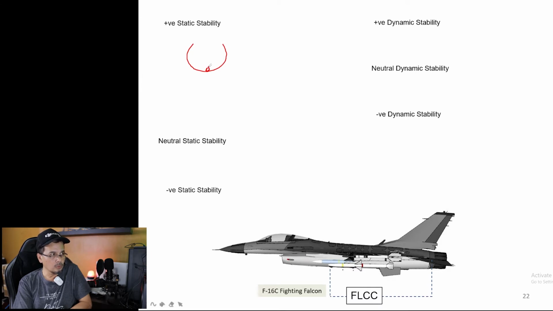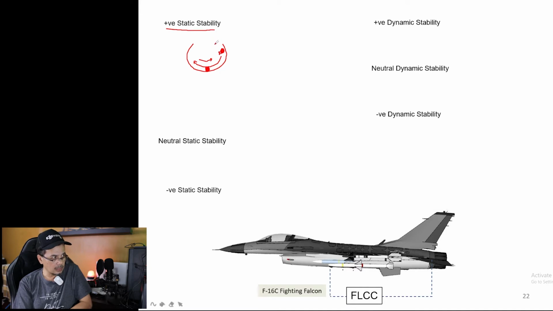So if you move the ball to the side of the bowl, once we release it, dia akan swing back and bounce back and forth, and until at the end dia akan stable at the center of the bowl. So this one we call positive stability.